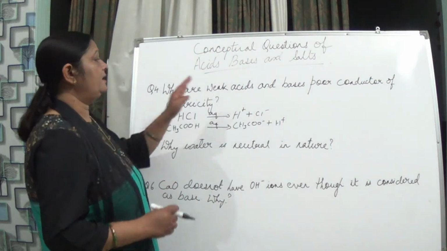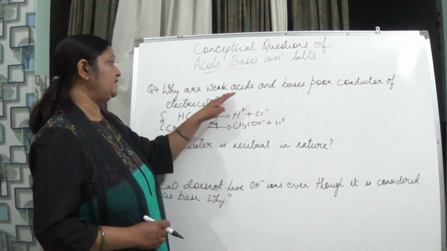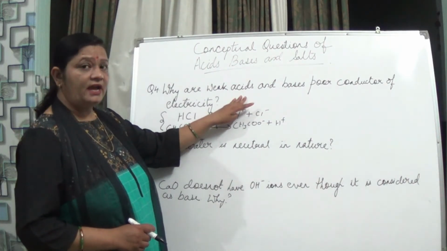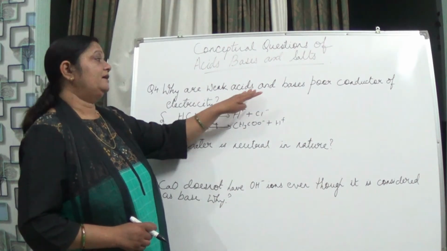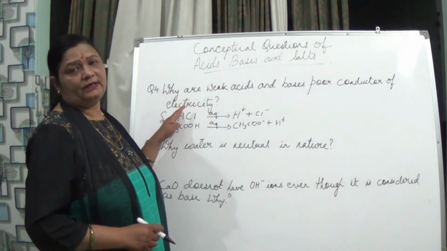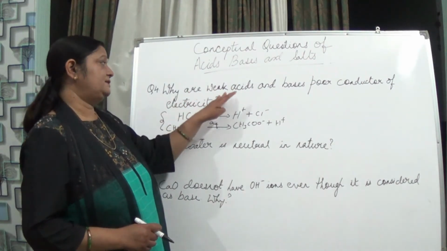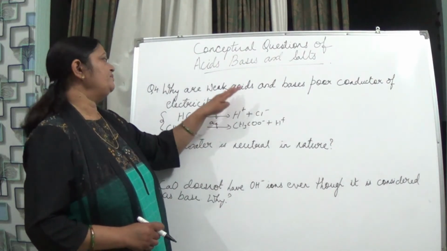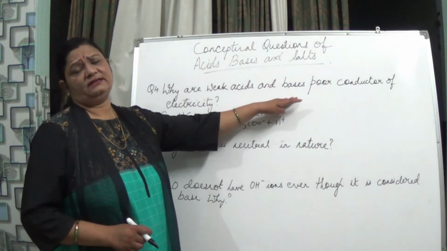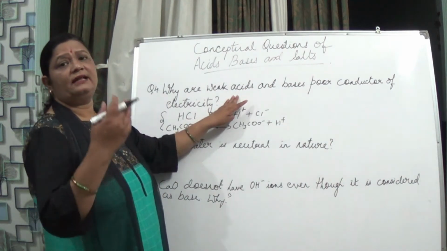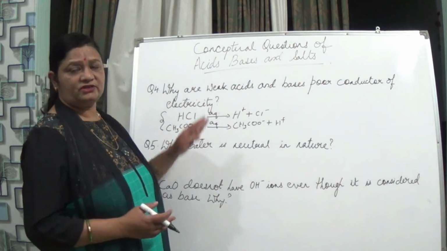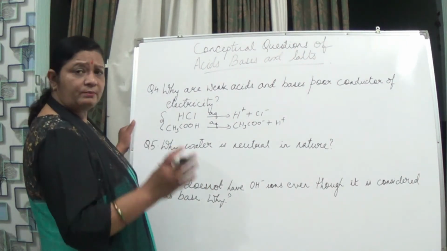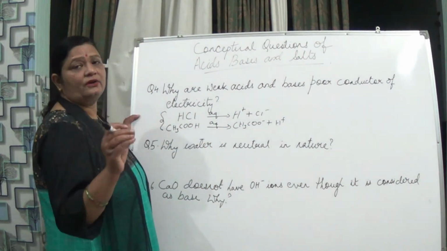Weak acids and weak bases are only partially ionized, so the conduction will be poor. But if they are strong acids and strong bases, totally ionized into H+ ions and OH- ions, these ions will give good conduction of electricity. So weak acids and weak bases, only partially ionized, give poor conduction of electricity.